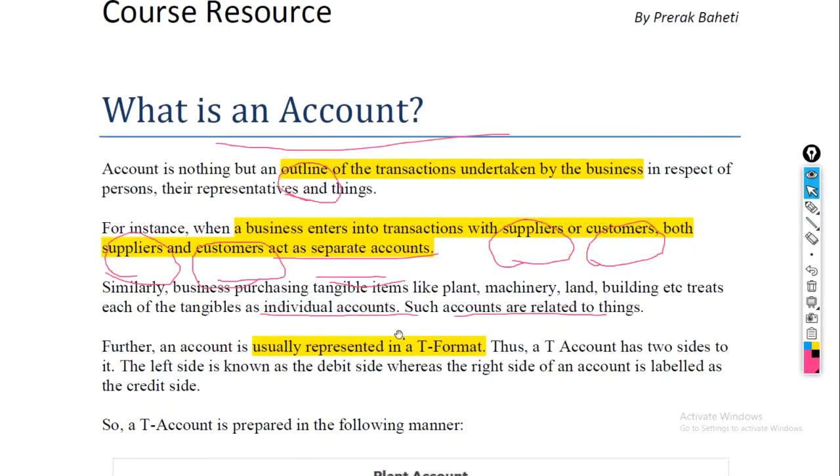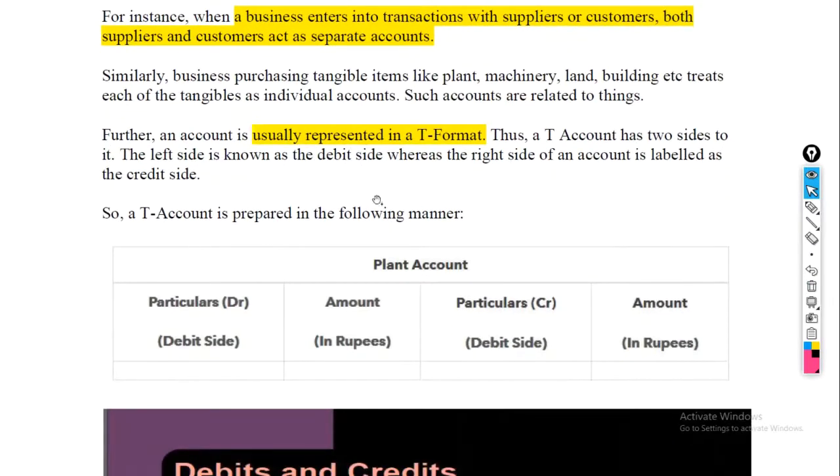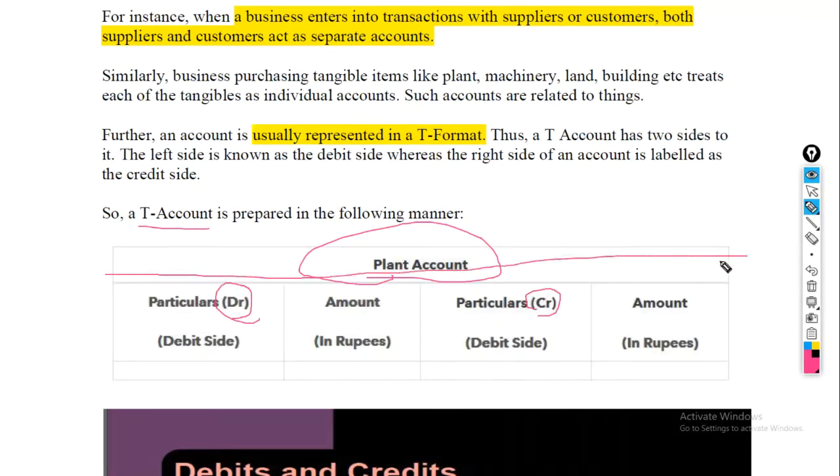Their accounting will be different. This here is a T-shaped account, and this is the format of every account that we'll ever prepare. This side will always be the debit side, and this side will always be the credit side. So the format goes like this. This is a T, this is the amount, and this is rupees.